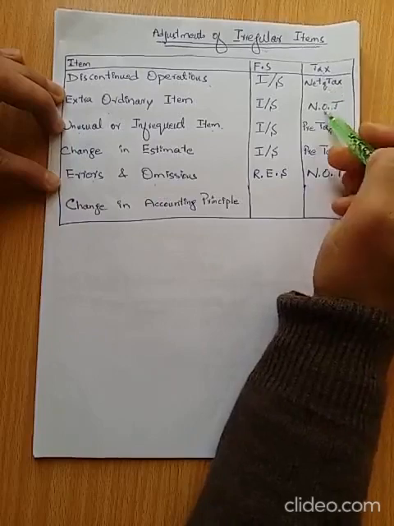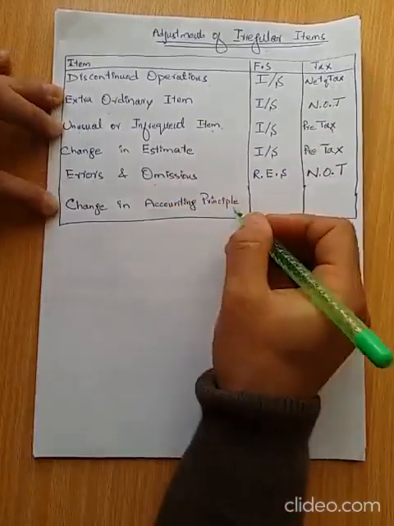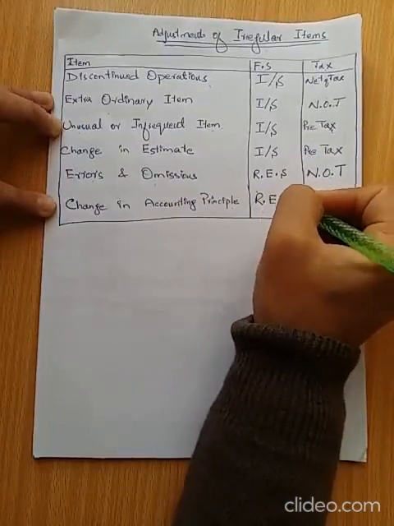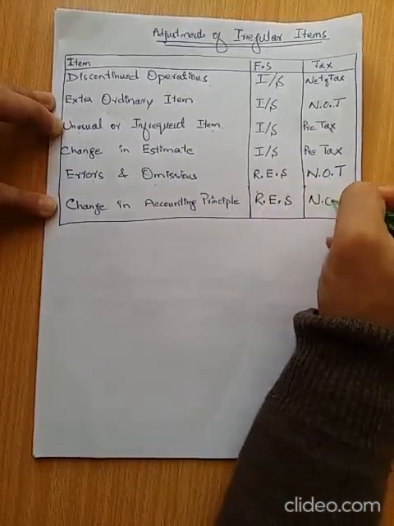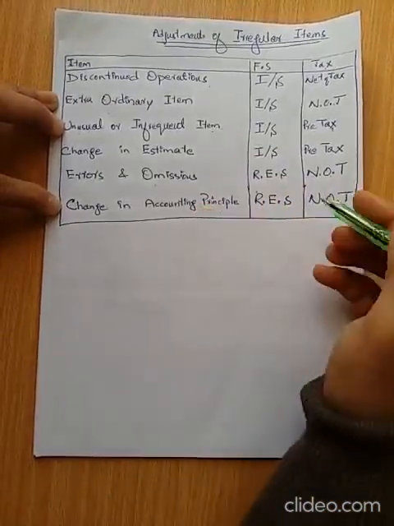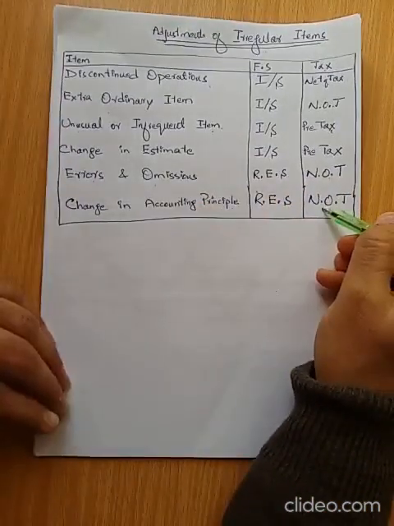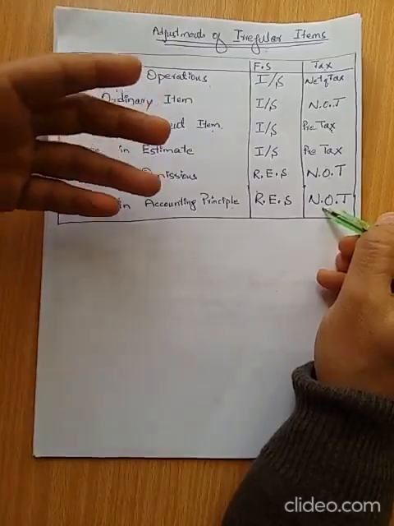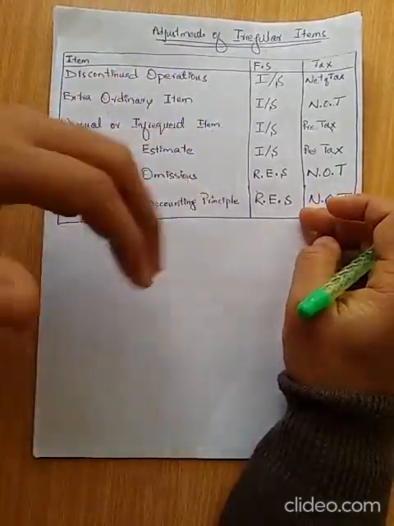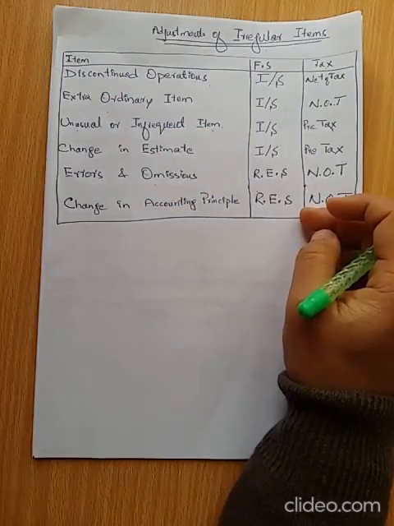Change in accounting principle, the last one, is adjusted in the retained earnings statement, and its adjustment is also net of tax. Net of tax means we will subtract the tax first and then adjust it. Pre-tax means we are not going to subtract any tax; we will directly adjust it into its required place.